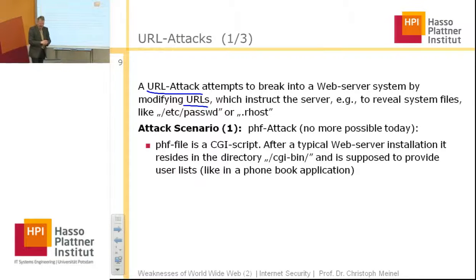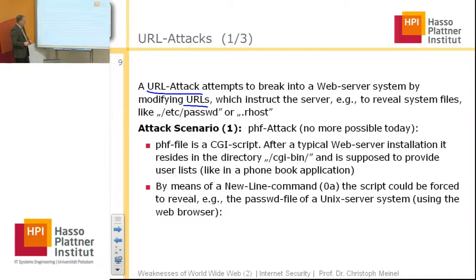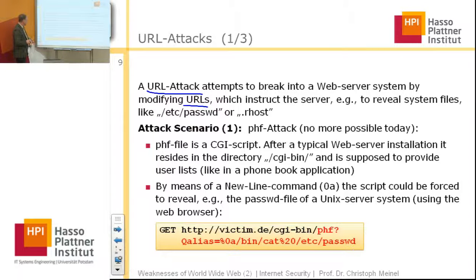This PHF file is supposed to provide user lists, so information about users of an application. Now, by means of a new line character, the script could be forced to reveal, for example, the password file of a Unix server system by means of a web browser.